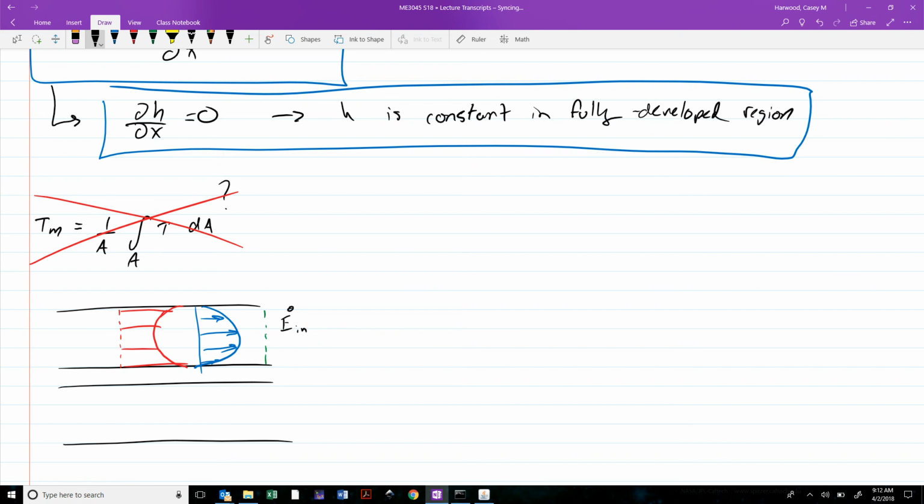It's going to be this temperature being carried across that control surface. And we'd represent that as the integral over the area of that control surface, or that cross-sectional area, of rho Cp times T U dA.